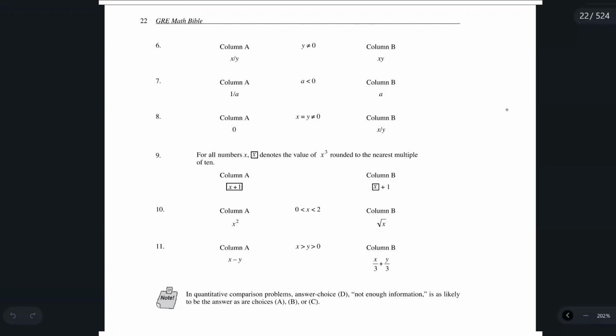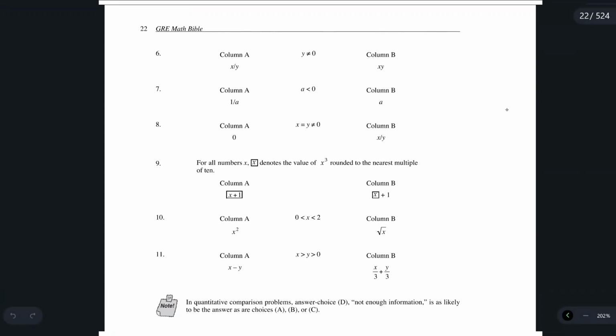The only thing we are given here is that y cannot be equal to 0. So there are many possibilities. For example, if x equals 4 and y equals 2, then for column A, we'll have value 2. For column B, we'll have value 8.